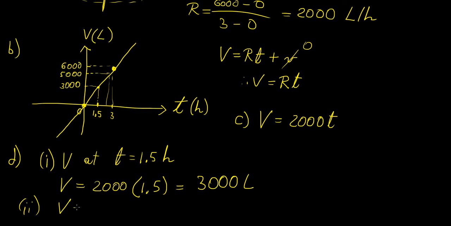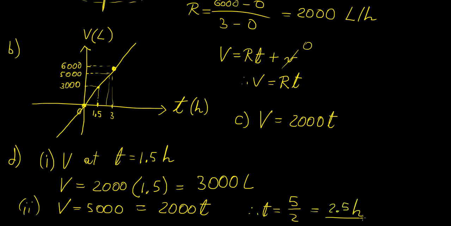We write V equals 5,000, and that's equal to 2,000 t, which implies that t is 5,000 divided by 2,000, which is 5 on 2, or simply 2.5 hours. There are different ways of writing that. It doesn't really matter, but you get the idea.